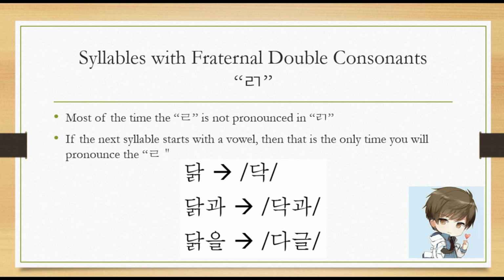Second example, we have dakgwa. So that will be pronounced as dakgwa. And last one is dalul. That will be dagul. So yung G sa dulo, na liaison, linking, na nadala sa initial consonant ng second syllable.